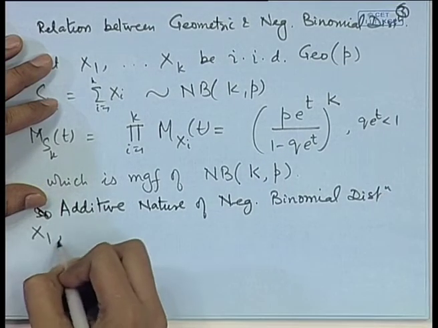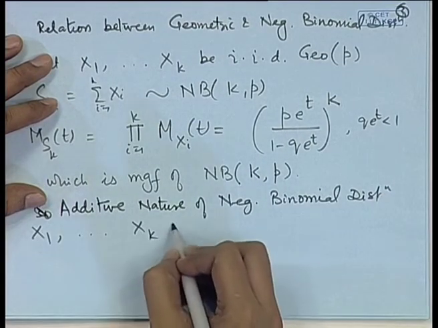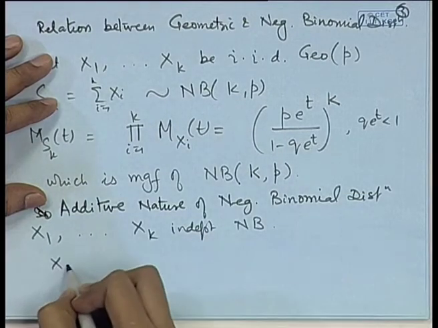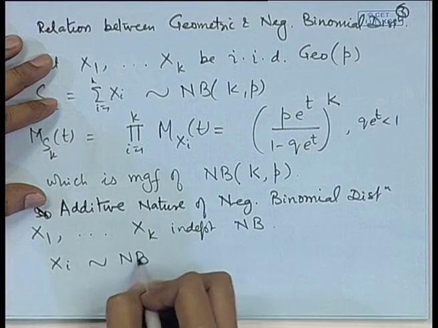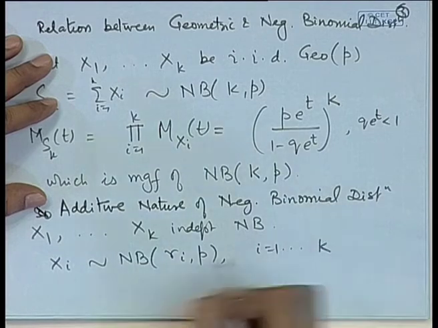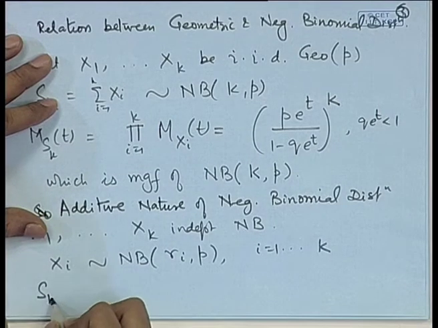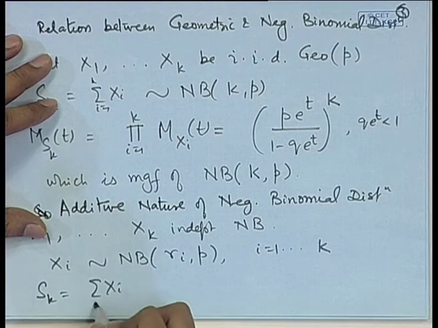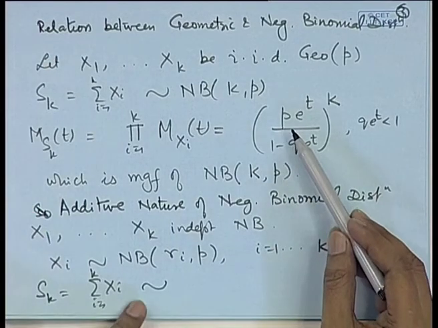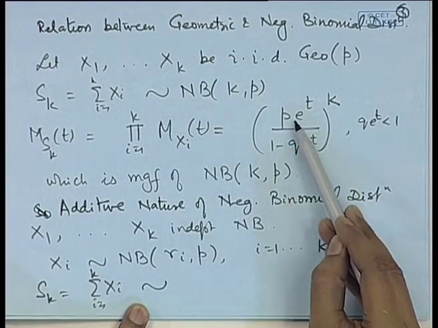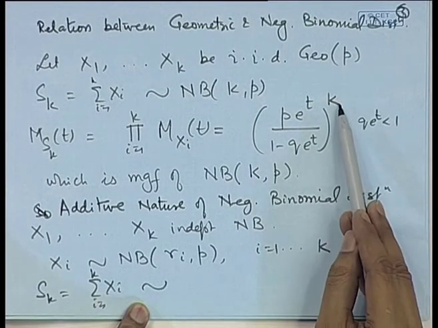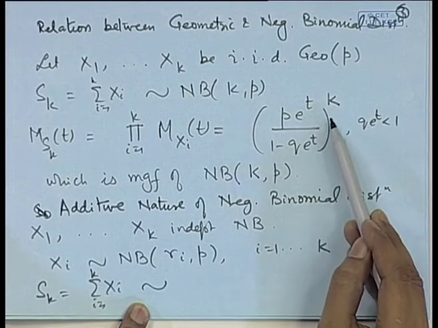So, if I have X1, X2, ..., Xk independent negative binomials, and say Xi follows negative binomial with parameters ri and p, i is equal to 1 to k. Then if I consider the distribution of Sk, that is sigma Xi, i is equal to 1 to k, by this property, when we are multiplying the moment generating functions, I will be multiplying (p e^t divided by 1 minus q e^t) to the power ri for i is equal to 1 to k.